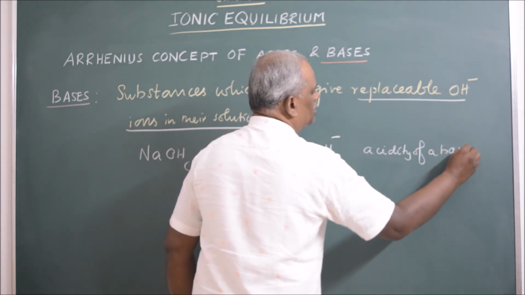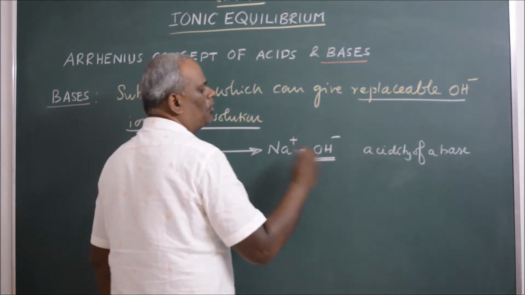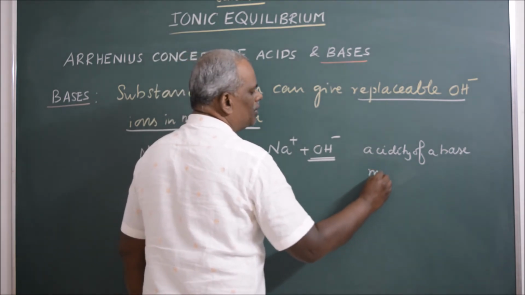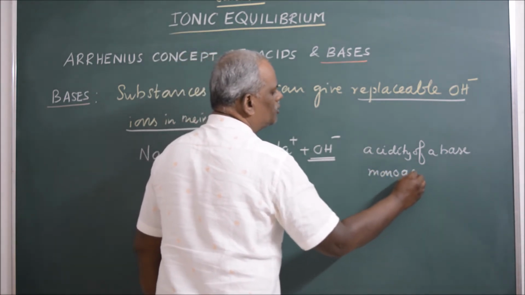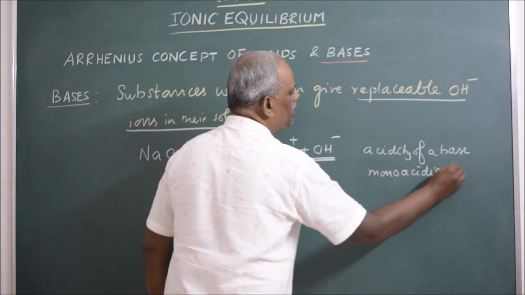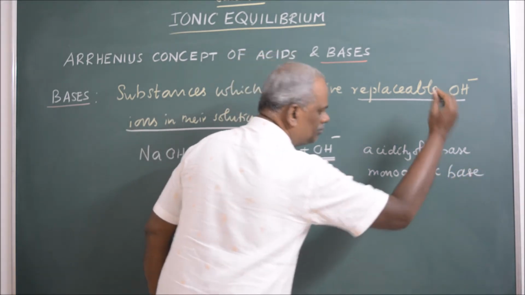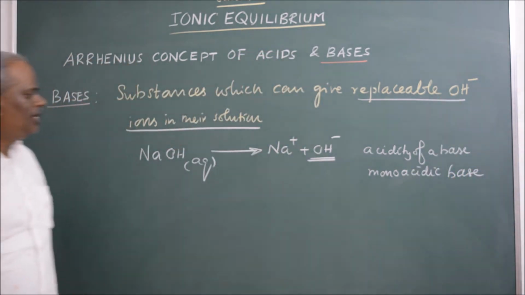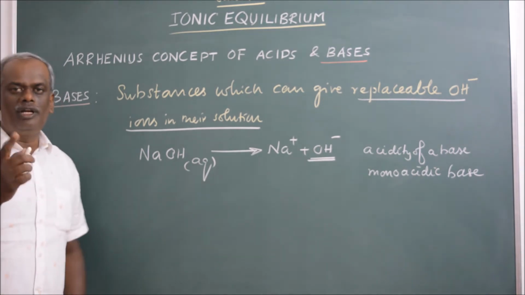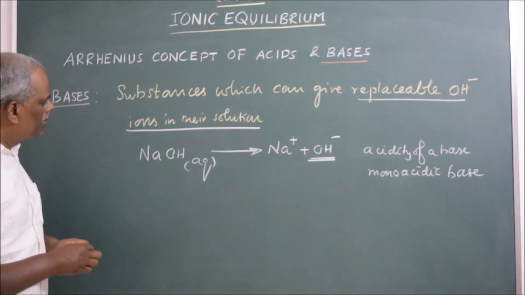Here the acidity of sodium hydroxide is 1, so that we can call this a monoacidic base. Sodium hydroxide is having only one replaceable hydroxyl group.